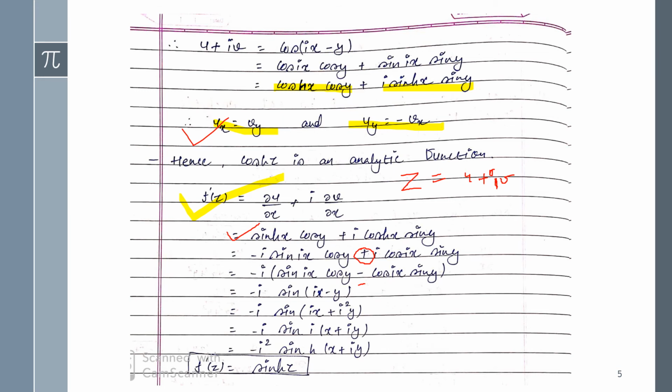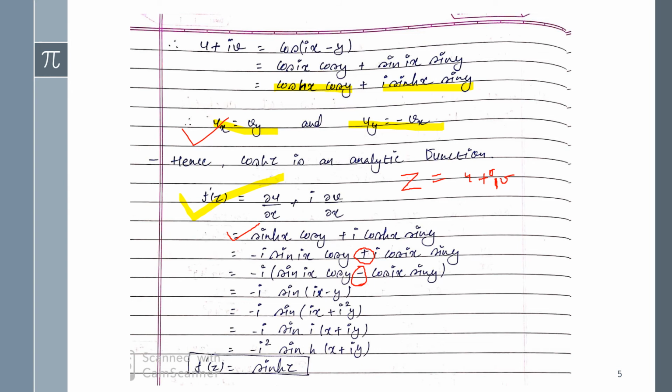Now minus i as it is, and here you can observe the term is sin into cos, cos into sin. So definitely it will be the function of sin of alpha plus or minus beta, right? Now here it's given a negative sign, so of course it will be sin of alpha minus beta.